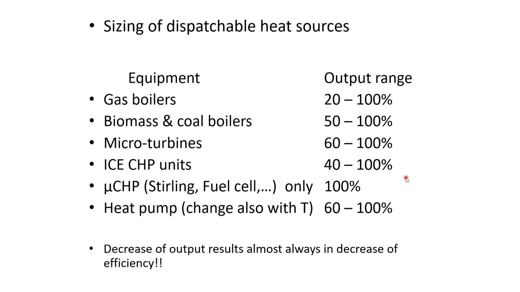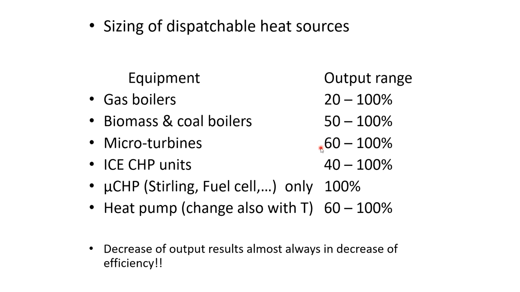So when we are sizing the heat sources, and when we have dispatchable heat sources, we should respect the output range. For example, gas boilers are controllable pretty well from, let's say, about 20% to 100 or 105% of the thermal power output. If you have boilers for biomass or coal, their operating range is smaller, let's say from about 50%.